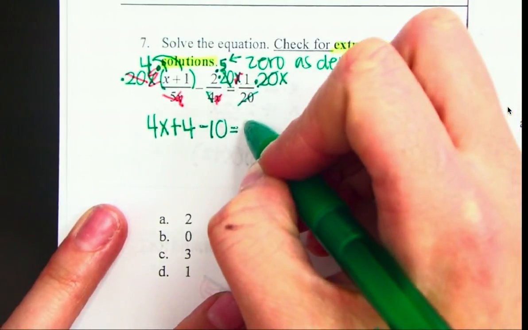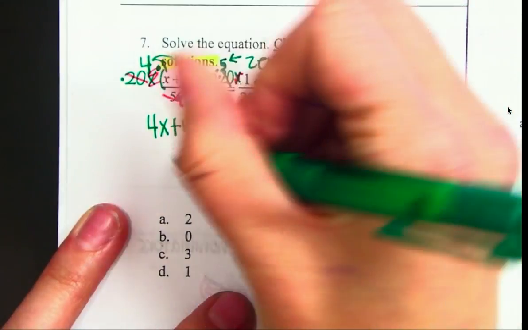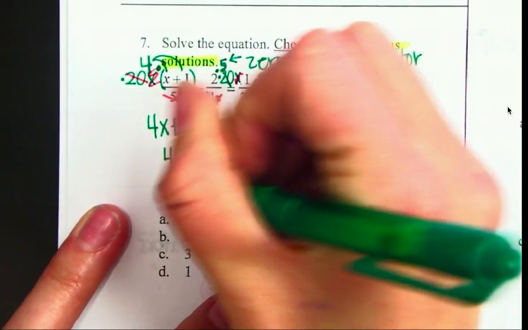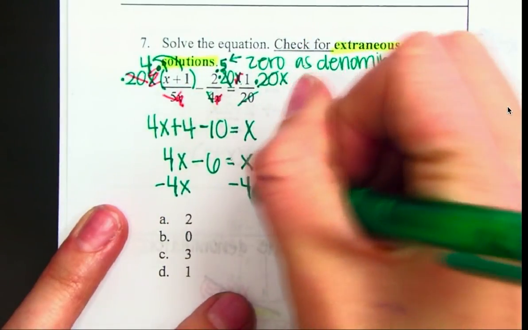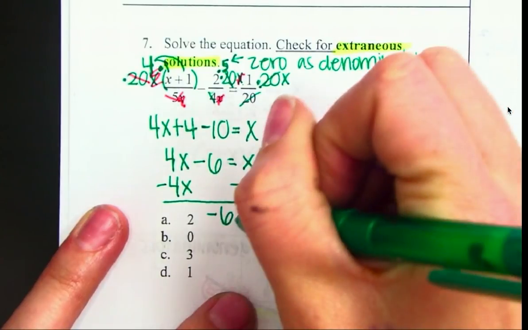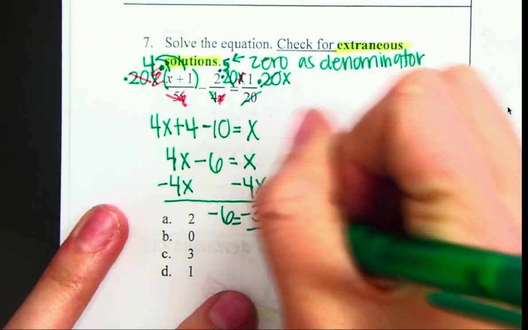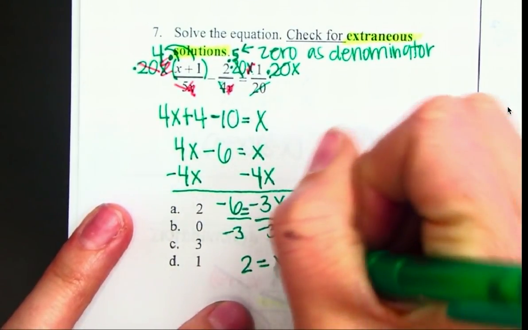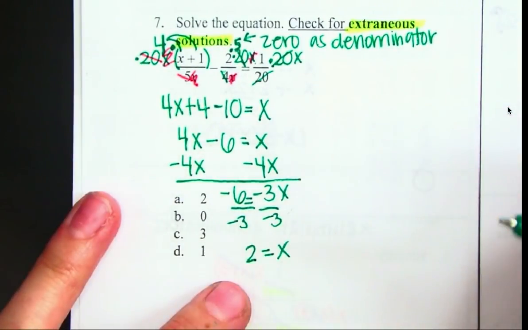So what I'm going to do now is combine like terms, and then I'm going to solve for x by moving x to the other side. Whoops, negative 6 is equal to negative 3x, divide by negative 3. Negative 6 divided by negative 3 is 2. So x equals 2.